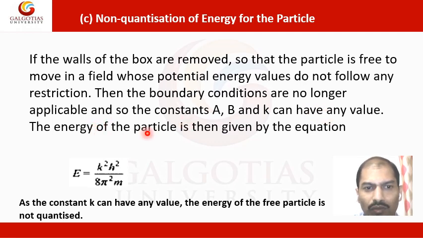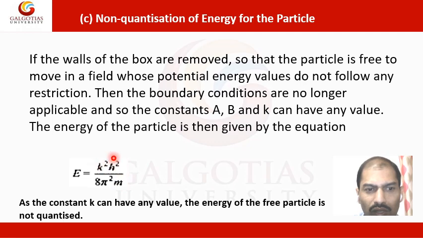So the energy of the particle is then given by the equation k²h² upon 8π²m. As the constant k can have any value, the energy of the free particle is not quantized.